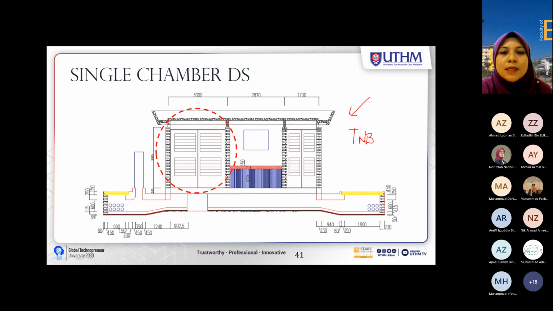For example, this is the sizing. You can see it is detailed, the sizing for the PE. This one is for one chamber, single chamber, or one transformer only, with its length, height and so on. So if, let's say, one of your jobs is to design the PPU or the PE, you have to follow all the sizing stated by TNB.